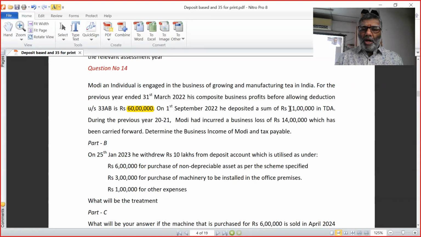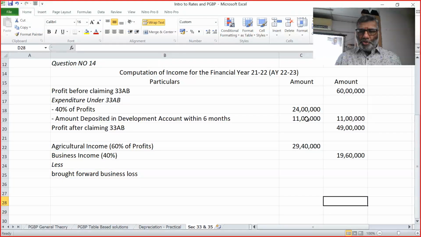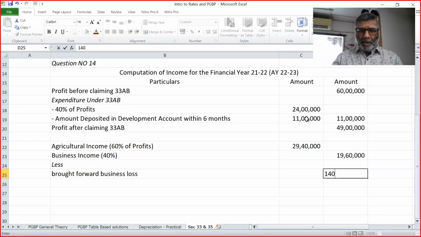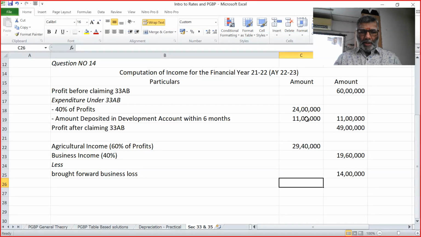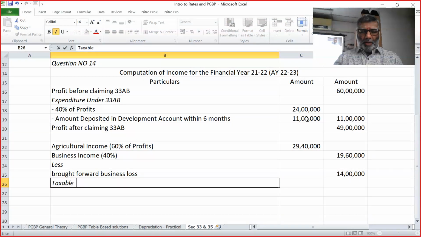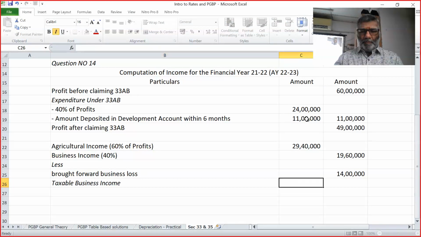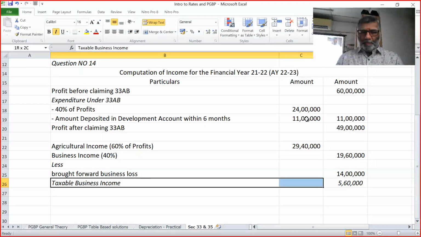For the previous year 2021, he had a business loss of 14 lakhs, which needs to be adjusted. So taxable business income is 5,60,000.